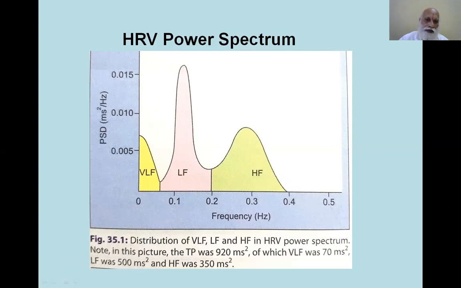This way you are quantifying the spectral density of the high frequency, low frequency, and very low frequency areas of the power spectrum. A large total power would reflect large heart rate variability. And these reflect essentially the parasympathetic and sympathetic activities.